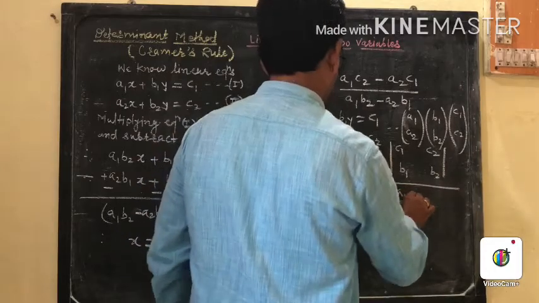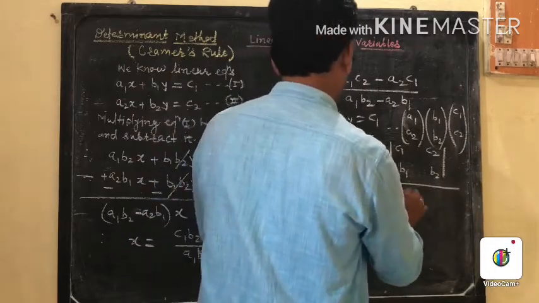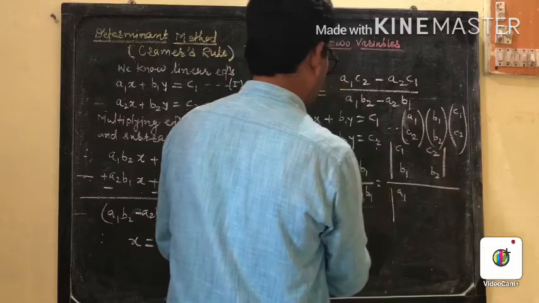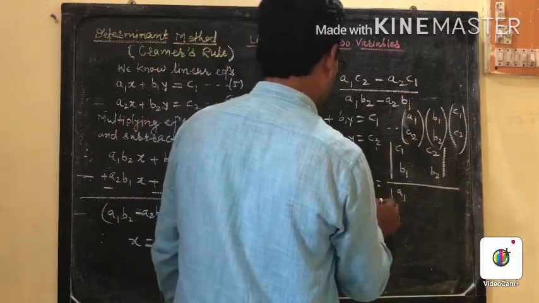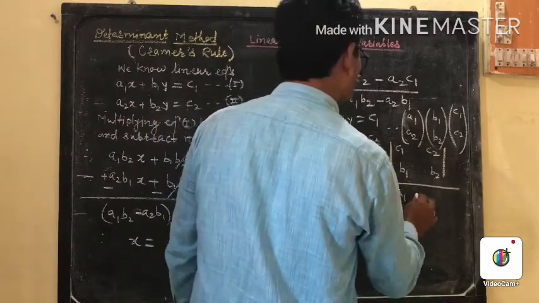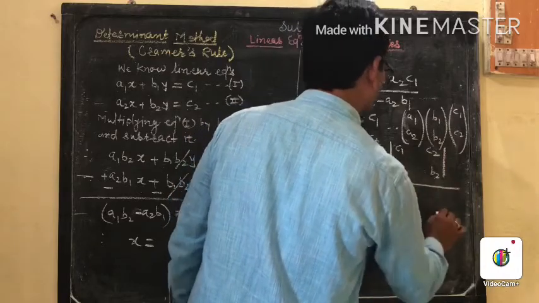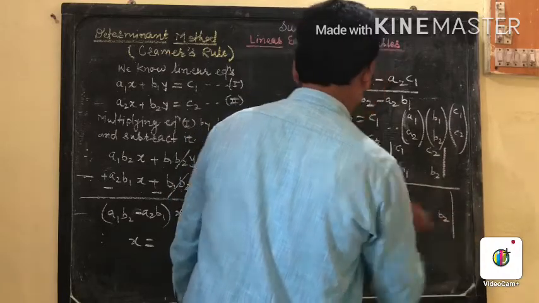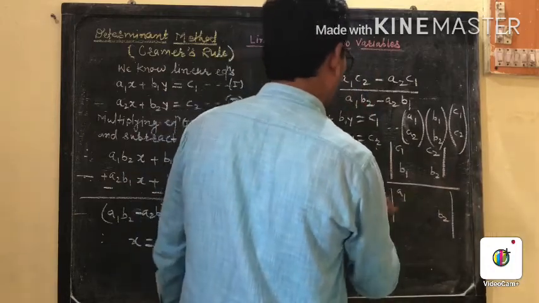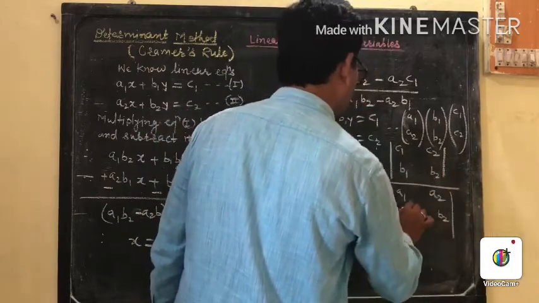The denominator determinant is also represented like this. Here I am multiplying a1 by b2, a1 b2, cross multiplication, and a2 b1.